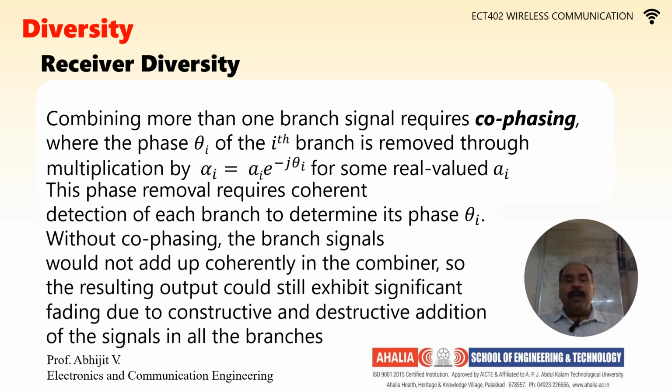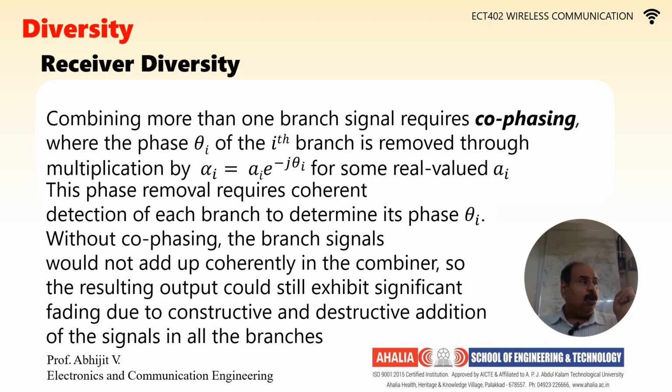So the main purpose of diversity is to coherently combine the independent fading paths so that the effects of fading are mitigated. Here we are going to combine more than one branch signal, and this requires a process called co-phasing. What is co-phasing?